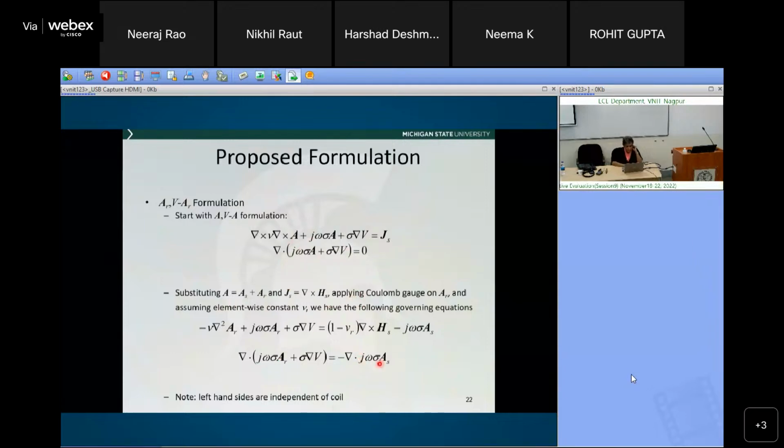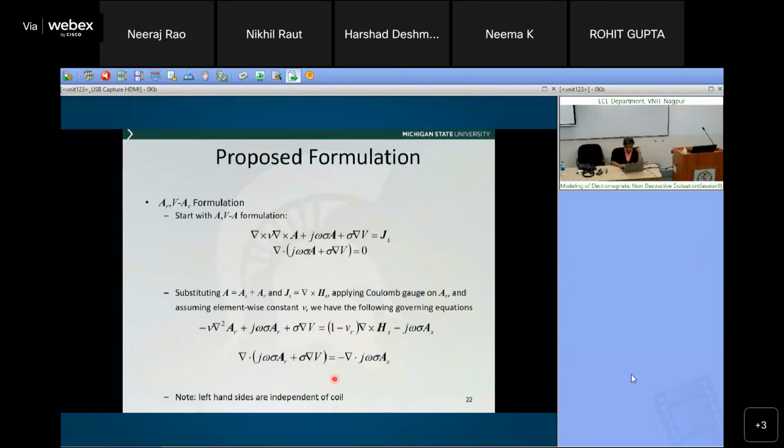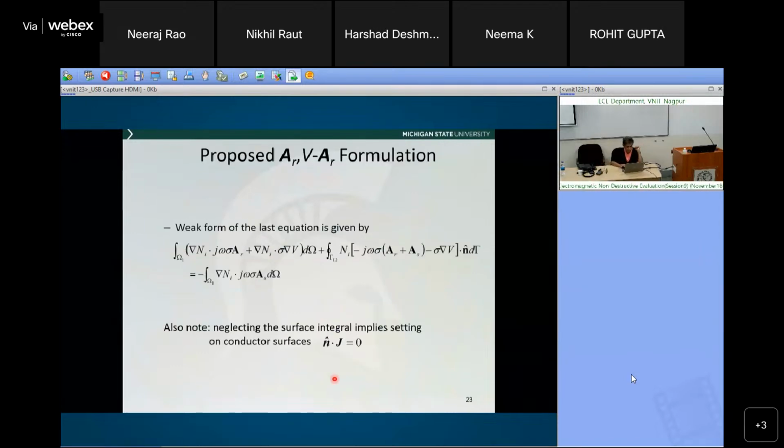What we do next is keep all the AR terms, and all the source terms can go to the right-hand side because they are known values. The AS corresponding to a particular source current density can be calculated, like here, using the Biot-Savart law.